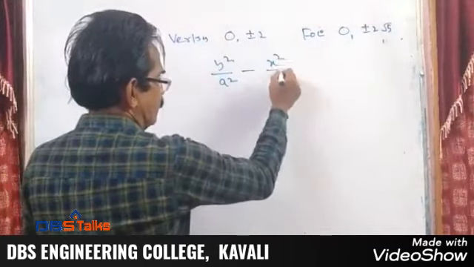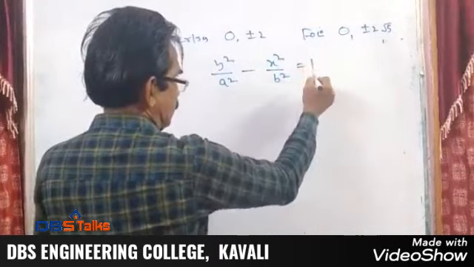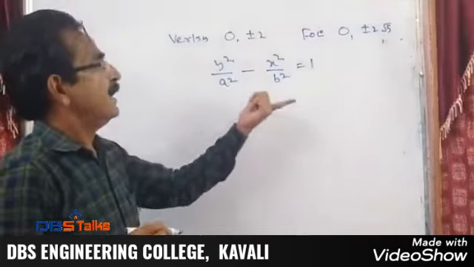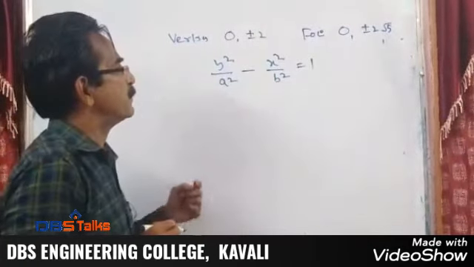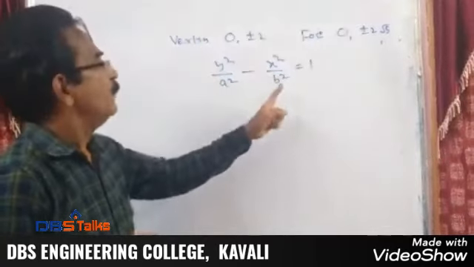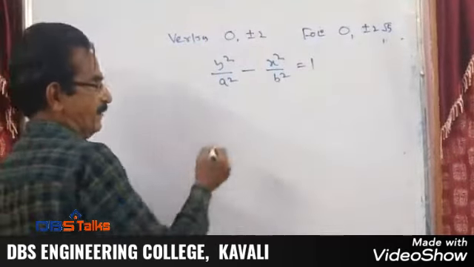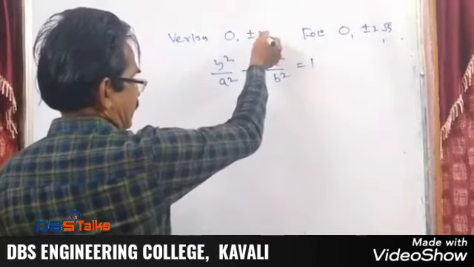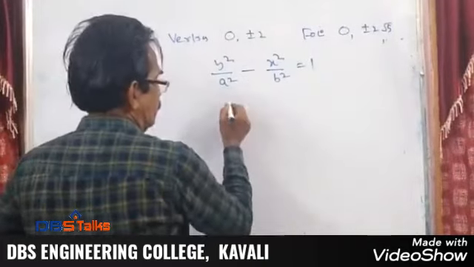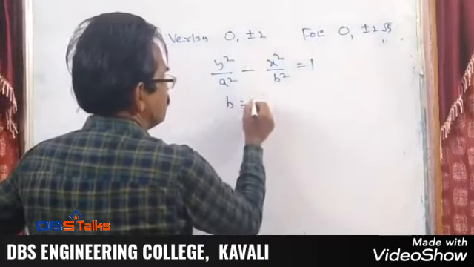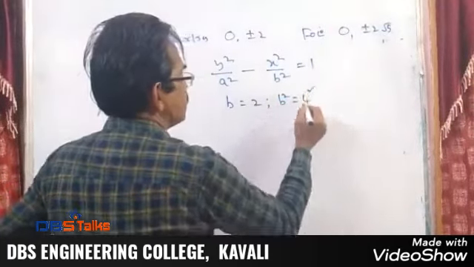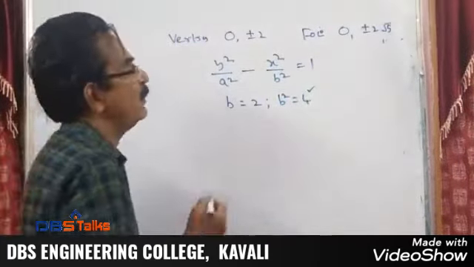As in the previous problem, we have to find a² and b². Vertices are (0, ±b), so b is equal to 2, b² is equal to 4. This is the b² value.